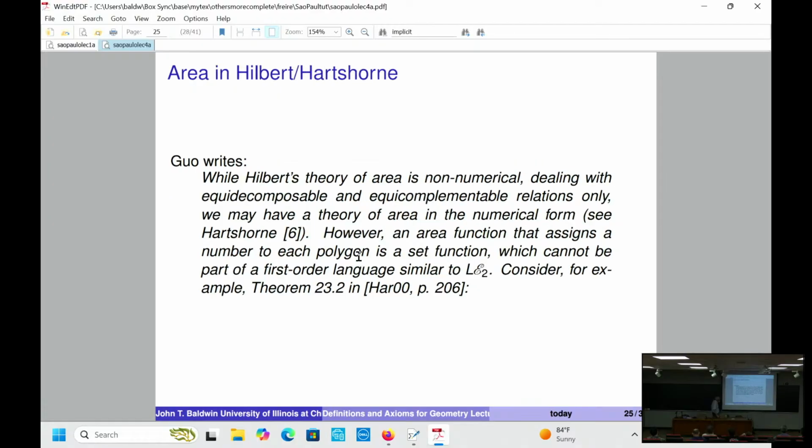But then, while Tarski's theory of area is non-numerical, dealing with equidecomposable and equicomplementable relations only, we may have a theory of area in the numerical form, and so he's referring to Hartshorne's thing. However, an area function that assigns a number to each polygon is a set function, which cannot be part of a first-order language.